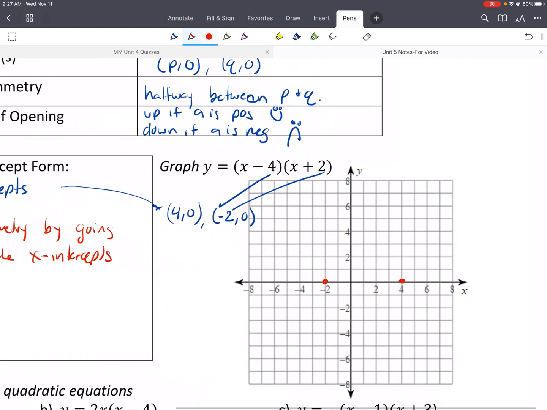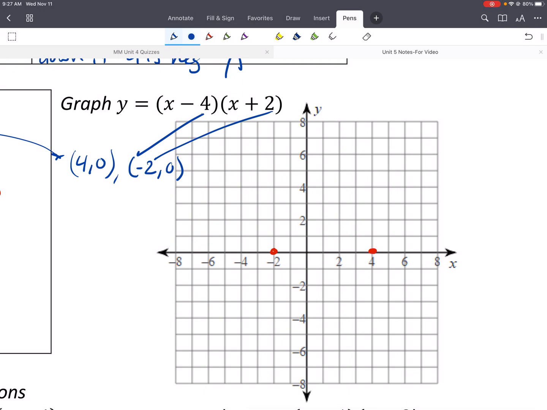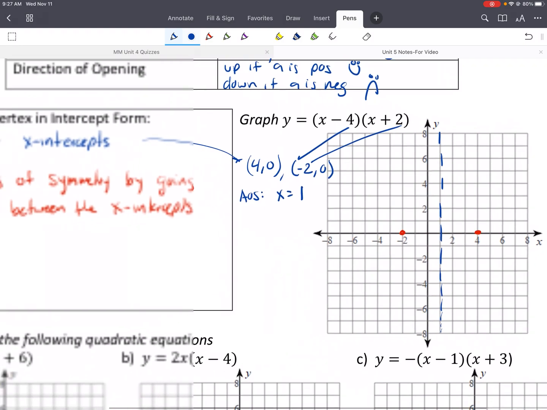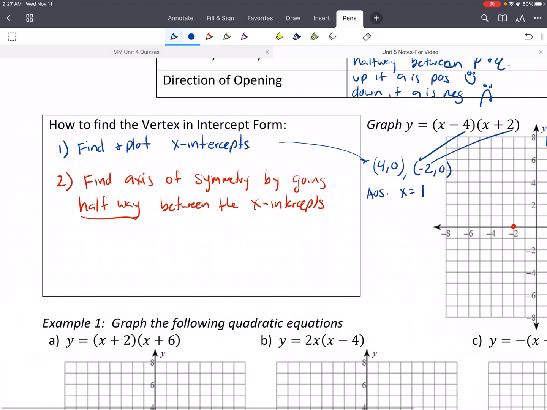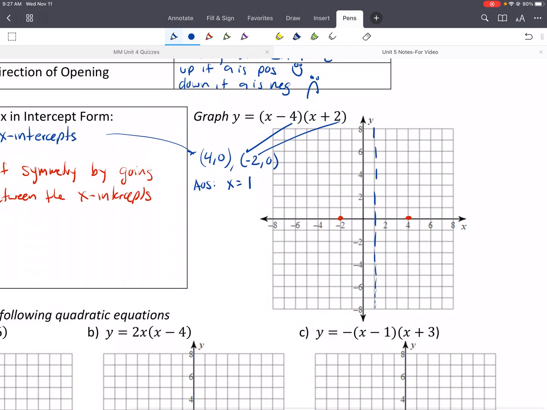We look at these 2 points and see what's right in the middle, and that would be our axis of symmetry, x equals 1. So now we have our axis of symmetry. And then the last thing we need to do to find the vertex is to find the y value, because we know that the vertex is on the axis of symmetry. We just need to find the y value that goes with it.